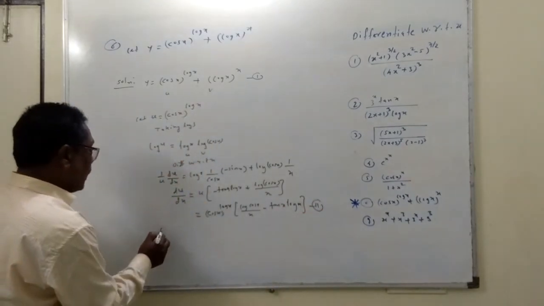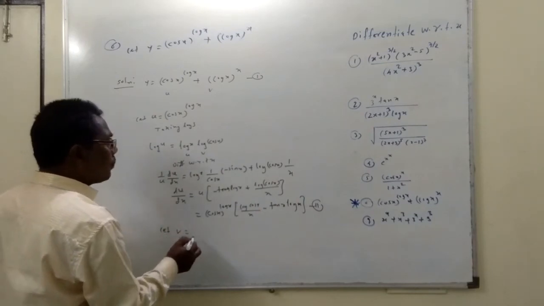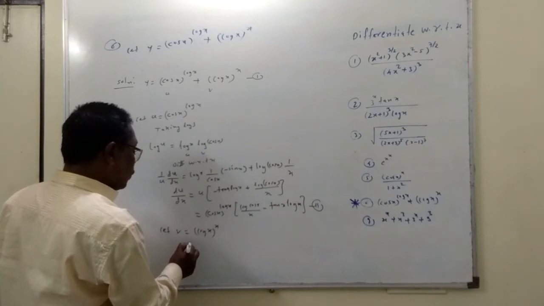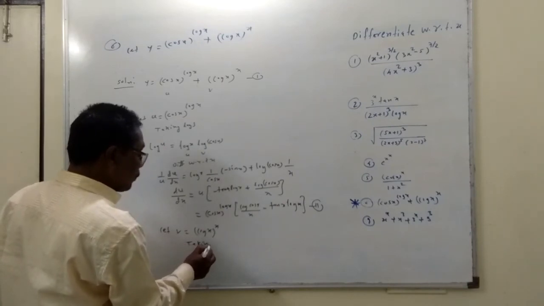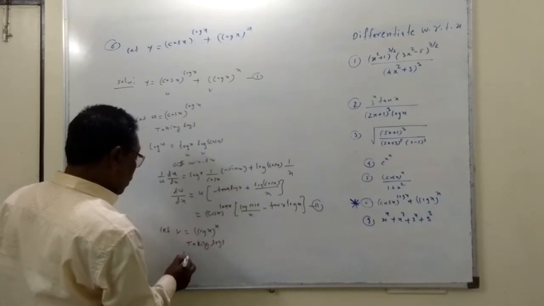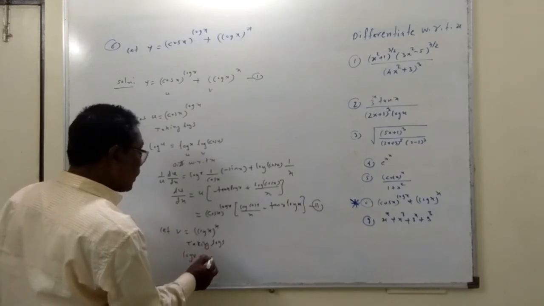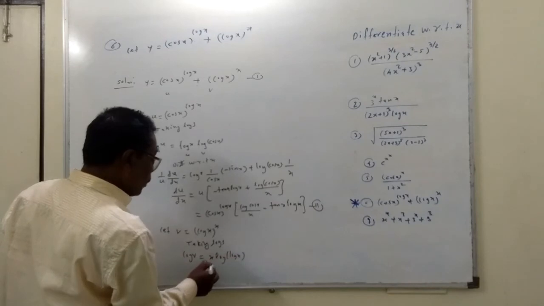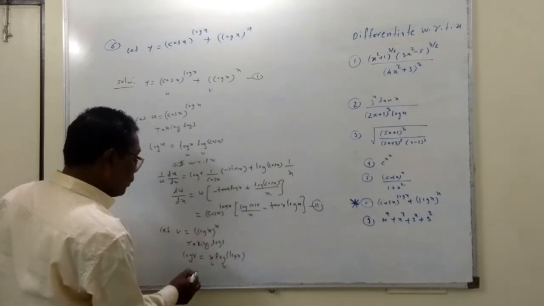Now let v equal log x raised to x. Taking logs, log v equals x log of log x. Now this is the u function and this is the v function.